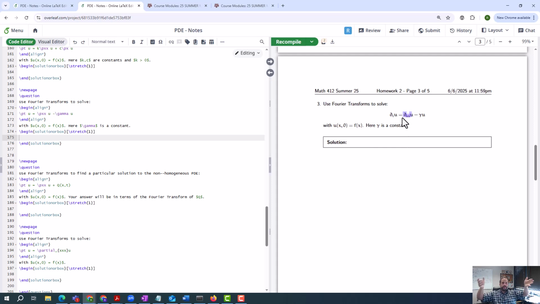So assuming that there's no stuff flowing in or out at the boundaries of an imaginary pipe, the integral of this term is going to be equal to 0, and we're just going to be left with the integral of this term. Gamma is positive. If gamma is positive, the integral of u is non-negative, so overall the integral of the t derivative is going to be less than 0, which means the quantity of heat is decreasing.